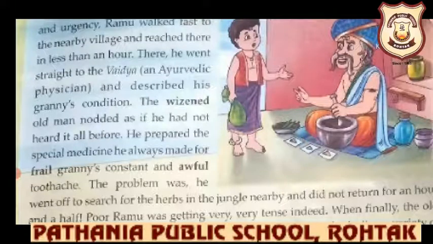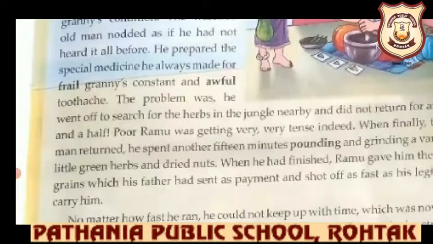And at that time, the old person is listening to him and he starts preparing the special medicine for that frail granny. Frail granny means the old lady, the old grandmother who is very sick and she is having an awful toothache. That means her teeth are aching very badly.